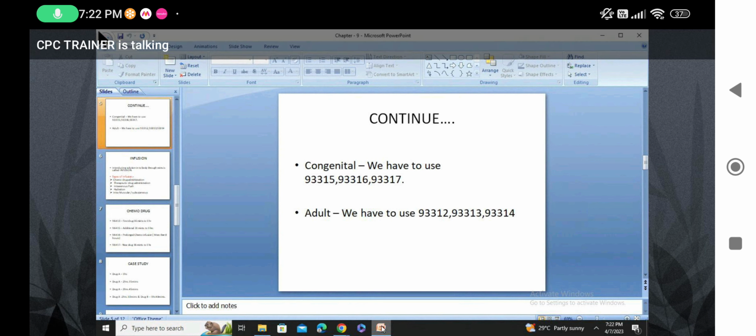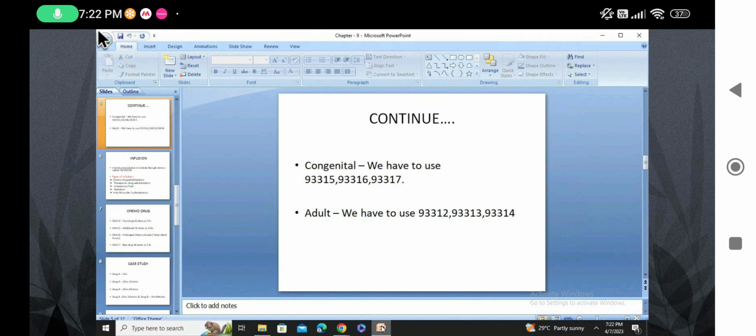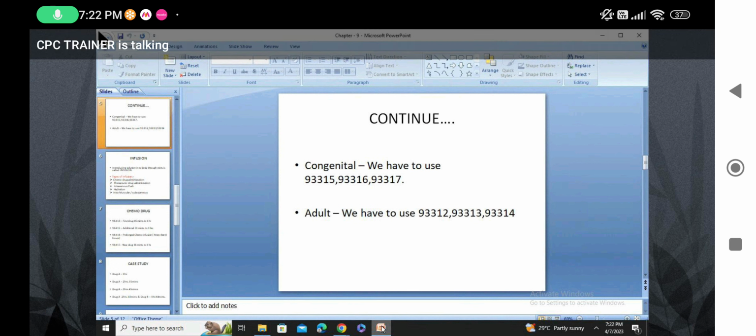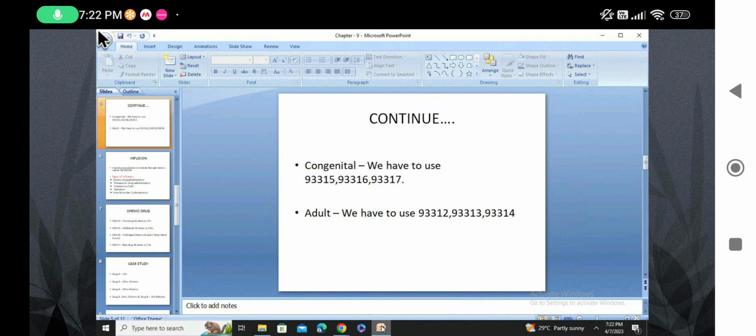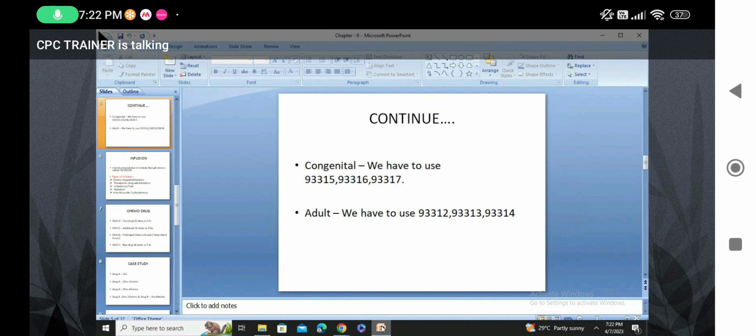And then 93317 is TEE with interpretation and report. And then the last one, 93315, is TEE with probe placement and the interpretation and report.